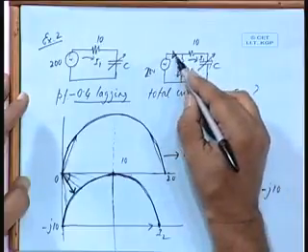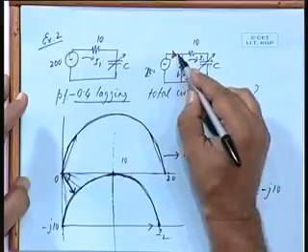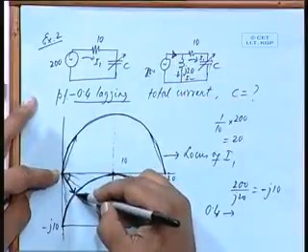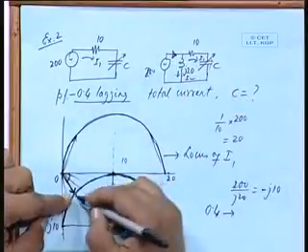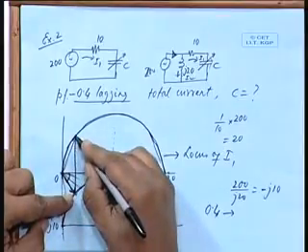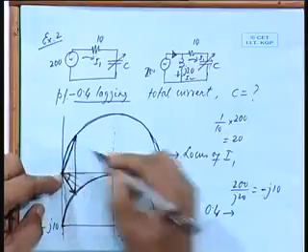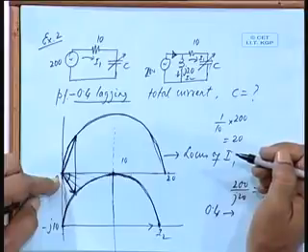When the total power factor is 0.4 lagging, what is the current through I1? I know the total current, this is the total current. So, how much is the current I1? Shift it vertically, wherever it hits, this is the current I1, is it all right?